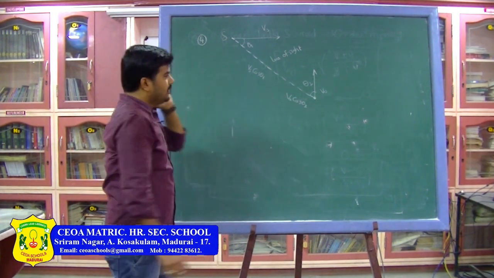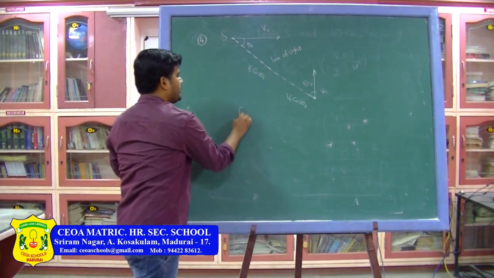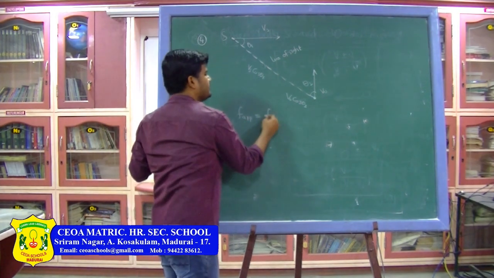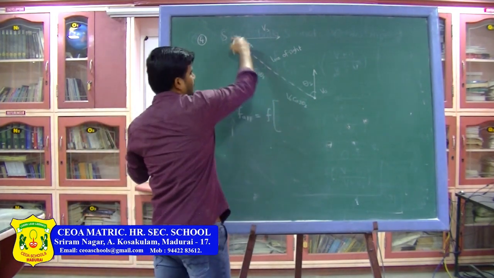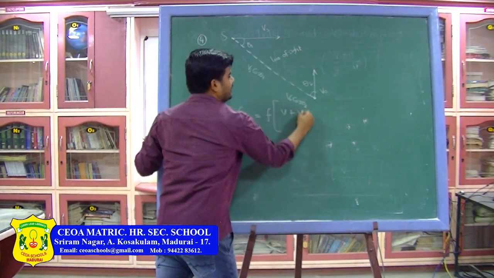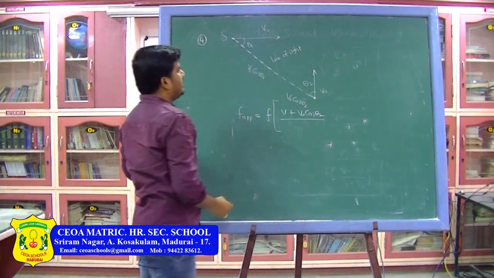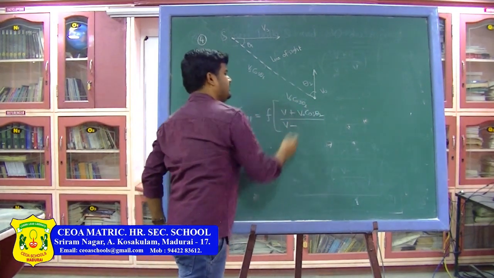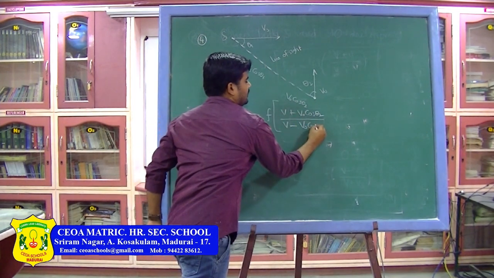So, taking these as the speeds of source and observer, the apparent frequency is F apparent equals the actual frequency of the source into, with the observer moving towards the source, V plus V naught cos theta 2, where V is the speed of sound, divided by, since the source is moving towards the observer, V minus Vs cos theta 1.